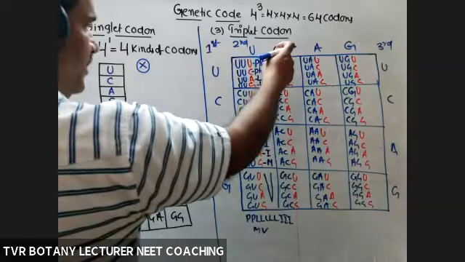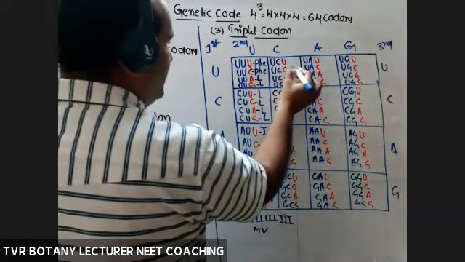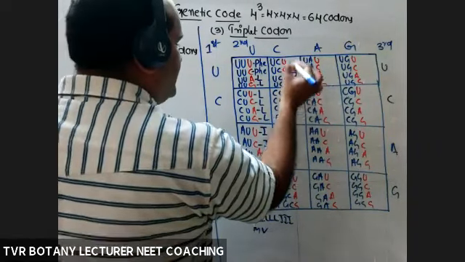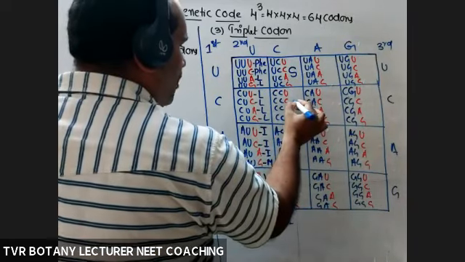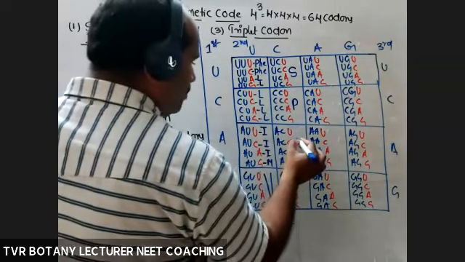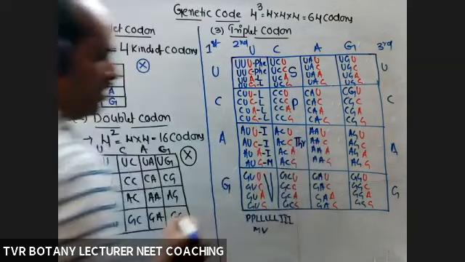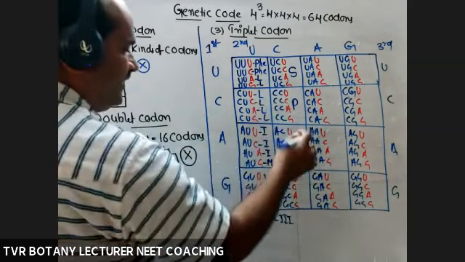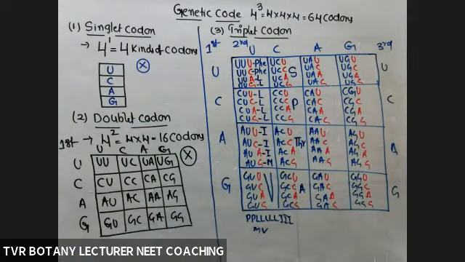Next, what about the second column? Very easy to memorize. This box is completely serine, SER. Next, proline, PRO. Third one, threonine, THR. Then alanine.